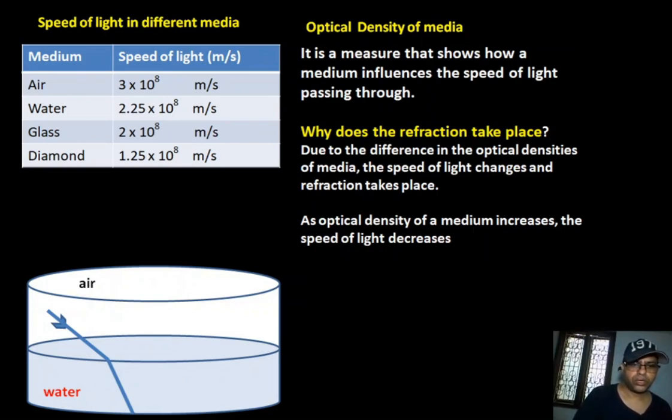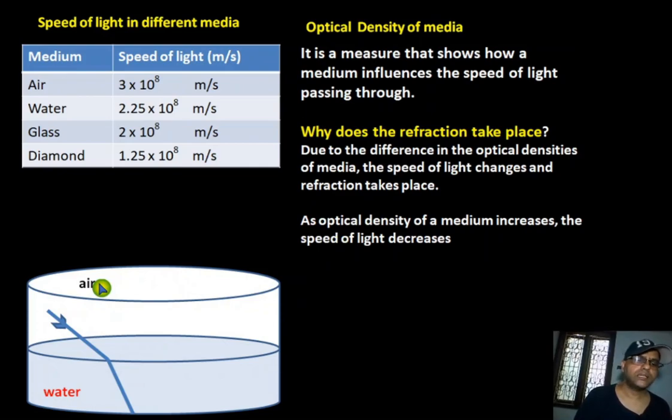So air and water have different optical density. Due to that, the speed of light changes from media to media. So we have got the answer for why refraction takes place. Due to the difference in the optical densities of media, the speed of light changes and refraction takes place.